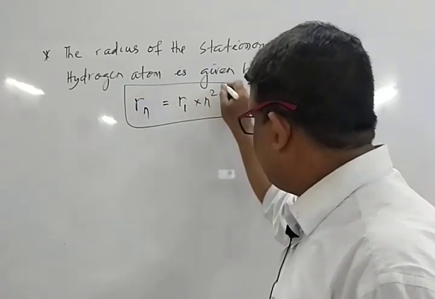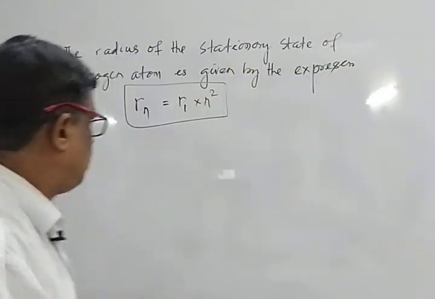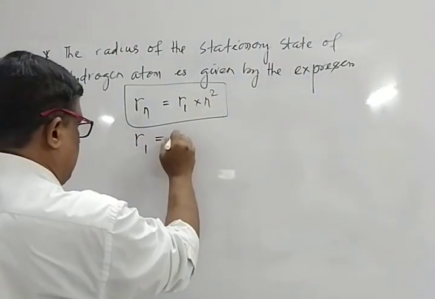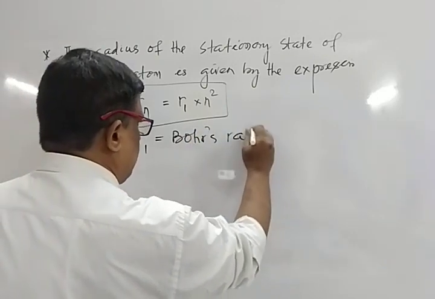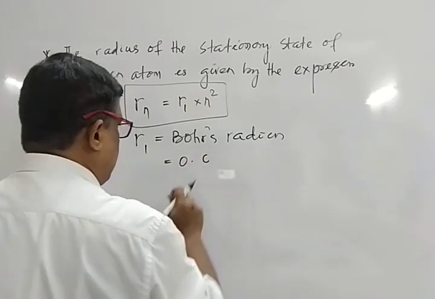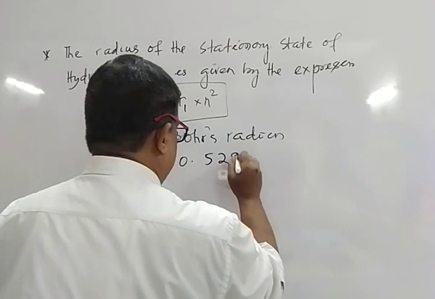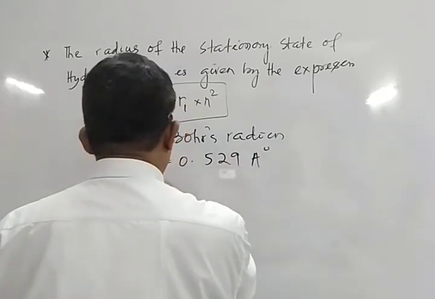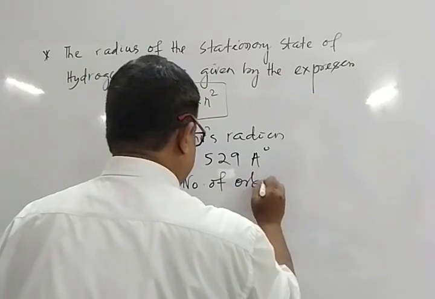Mark the relation. Rn is equal to R1 into n square, where R1 is known as Bohr's radius, equal to 0.529 angstrom, and n is known as the number of orbit. Mark that.